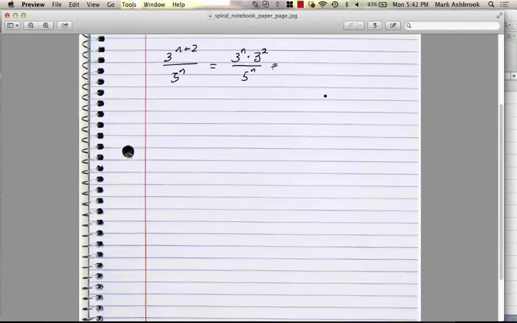Okay, now we can apply that little trick that I did in the last problem. What can we do from here? Do you see it? What can I do to this now? Same thing as the last problem. 9 times, okay, 9 times what? 3 over 5 to the n.